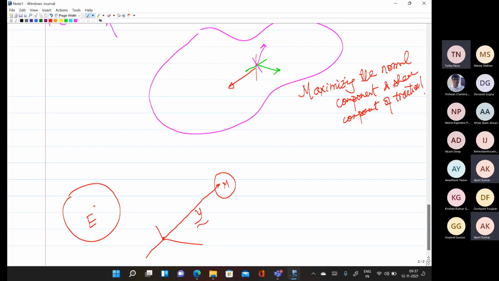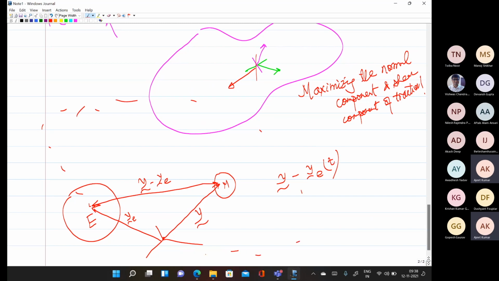But the gravitational pull depends on this, right? And say this is ye. Then in the gravitational pull, it will be y minus ye, right? This vector will be there. But ye is a function of time because Earth is moving, Earth is undergoing its own motion.